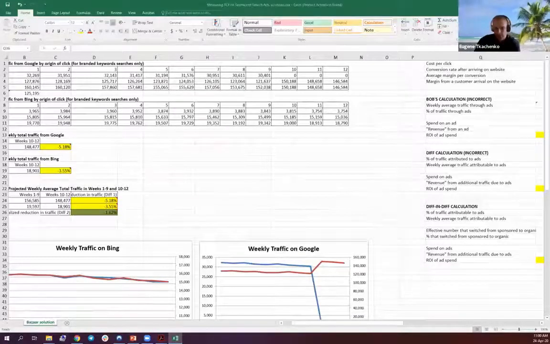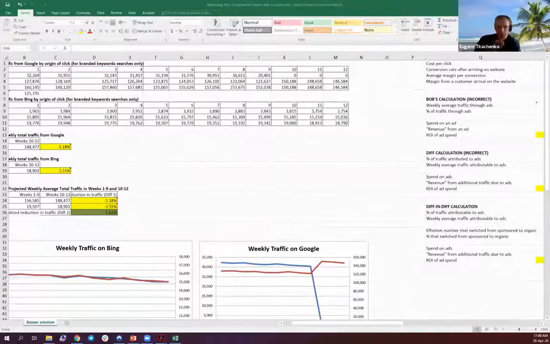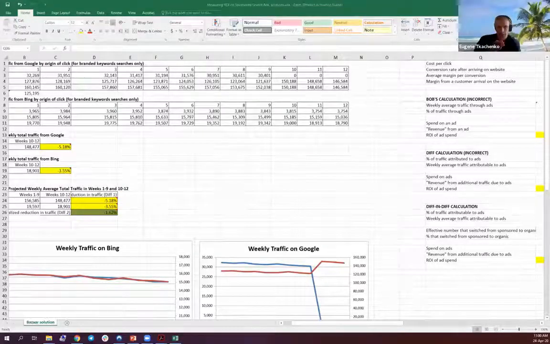So our targeted time is 6:15, and then we will discuss the differences in ROI, our actuals versus Bob's calculations. And again, if there are any questions, let me know, please.